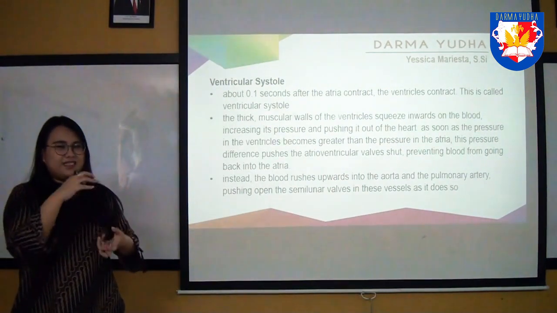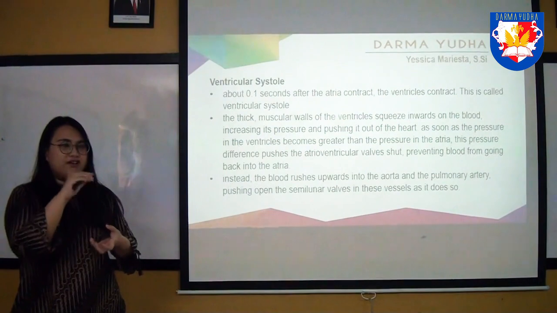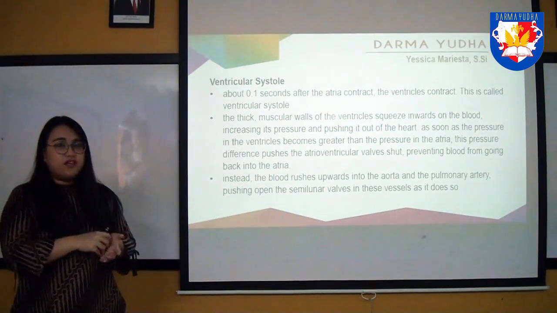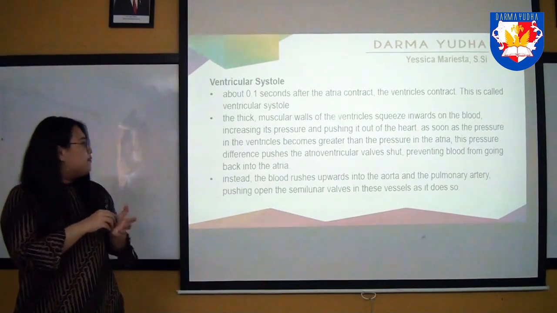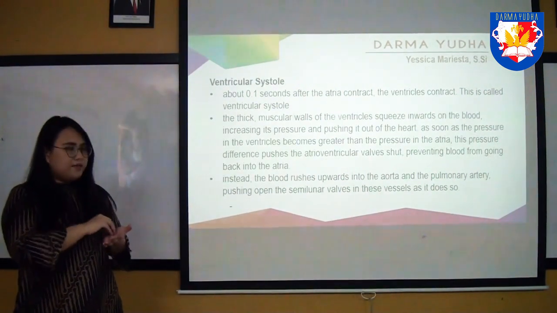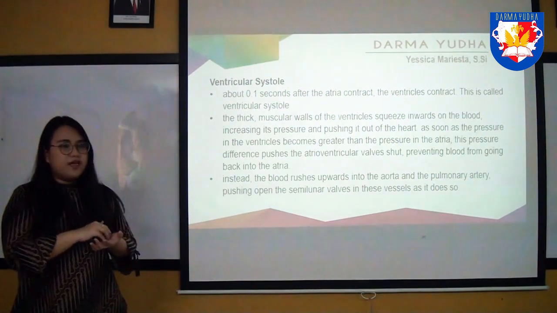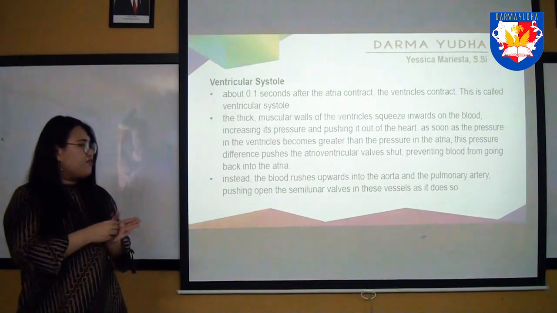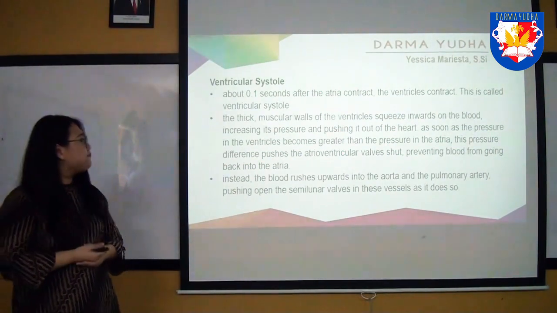This different pressure between the ventricle and the atrium causes the atrioventricular valves to shut, preventing the blood from going back into the atrium. Instead, the blood goes upwards into the aorta and the pulmonary artery, pushing open the semilunar valves in the vessels.